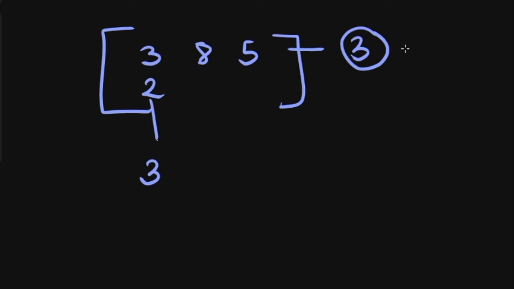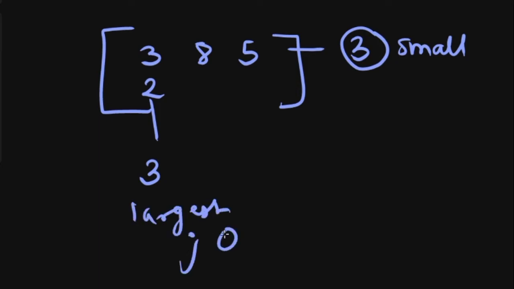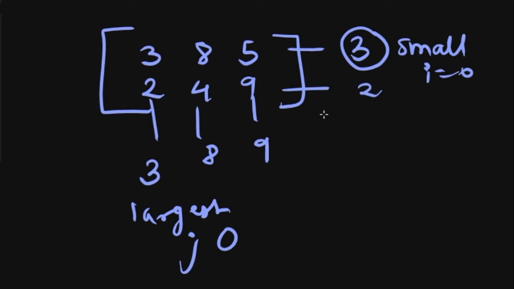So here it is the smallest value in row i, and the largest in column j. So j is equal to 0, and i is also 0, and there can be any value here. Let's take 4 and 9. Here the maximum was 3, here the maximum is 8, here it is 9, and in this row the minimum is 2. So there aren't any other saddle points.